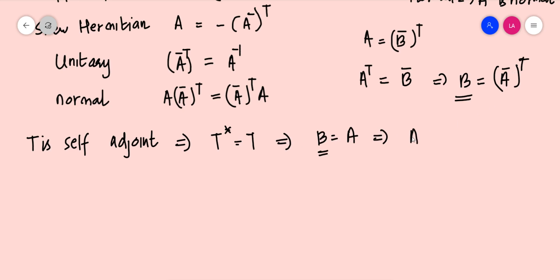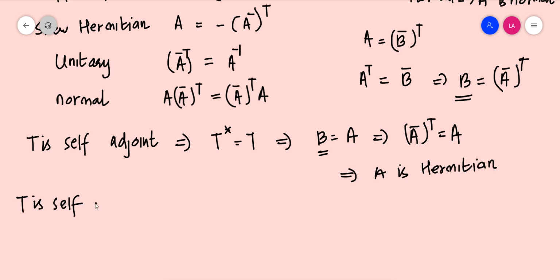That is, A conjugate transpose is equal to A. This is the definition of self-adjoint. Now, this condition is satisfied if and only if A is Hermitian. So, we can conclude that T is self-adjoint if and only if A is Hermitian.